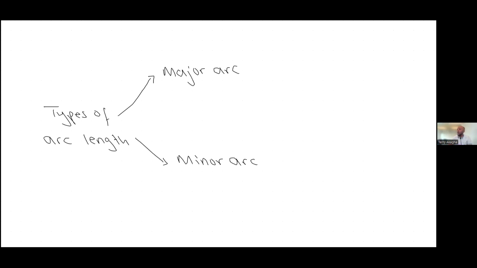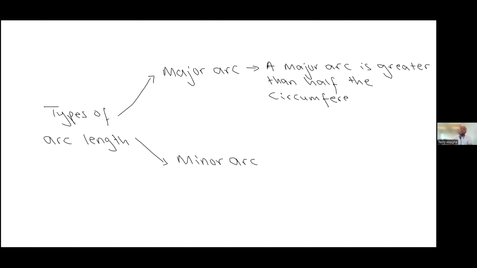A major arc is greater than half the circumference.